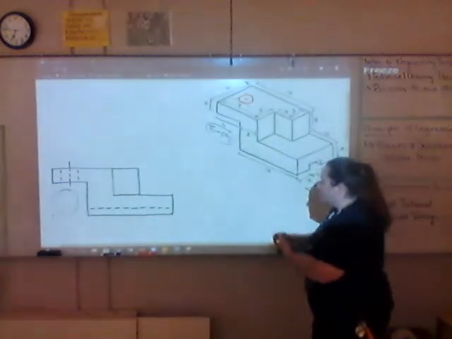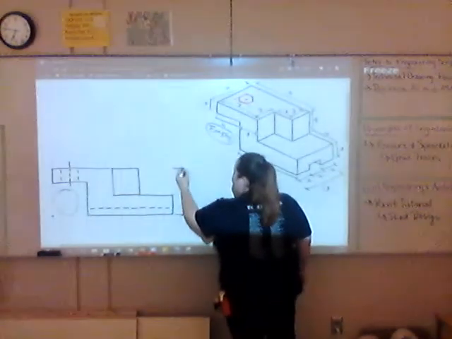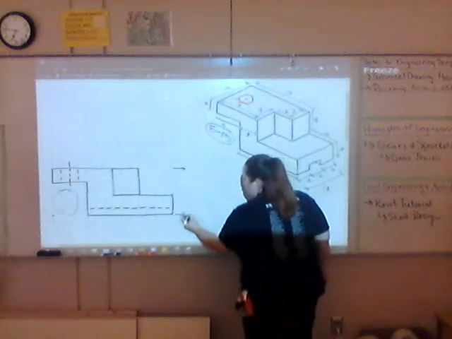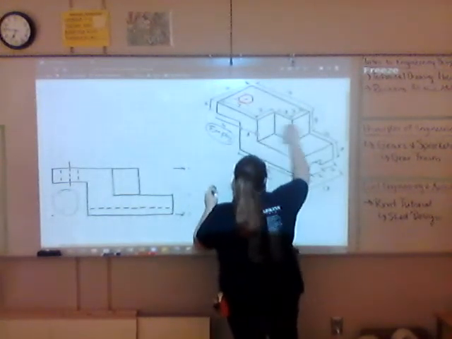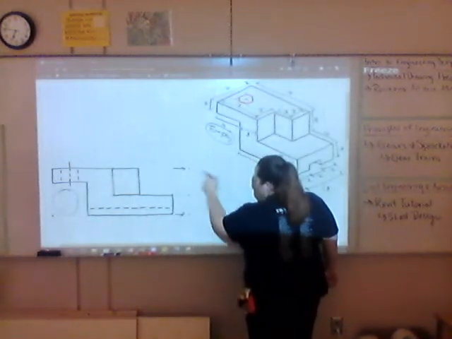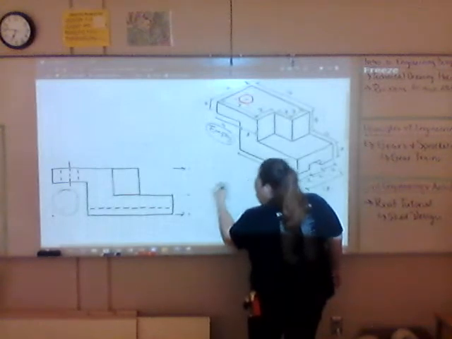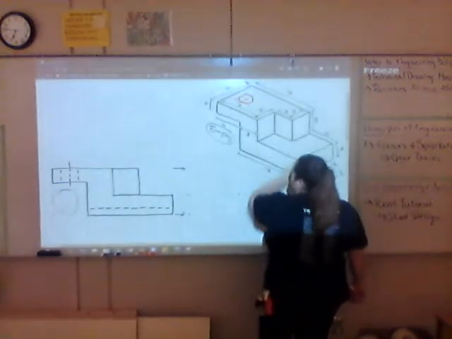For our side view, we're looking at this. Okay? So I know I have to go up 3 and then 4. And then both of these rectangles are 3 wide, front to back. So I'm going to go over 3, twice, in order to find these rectangles right here.